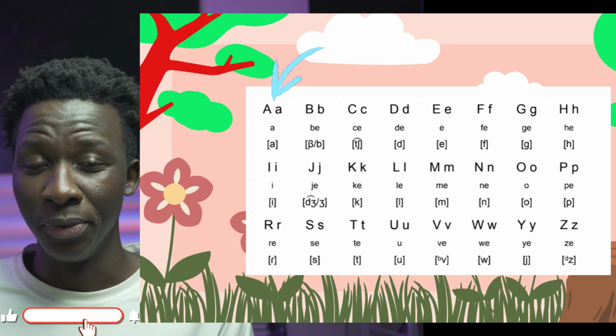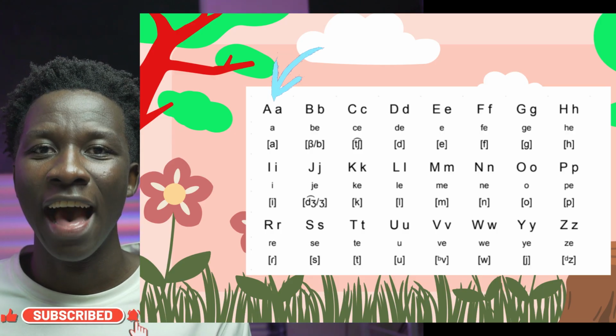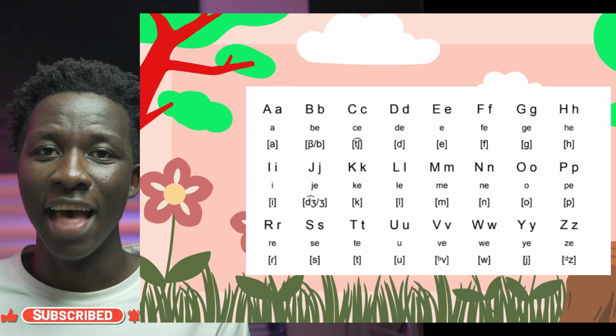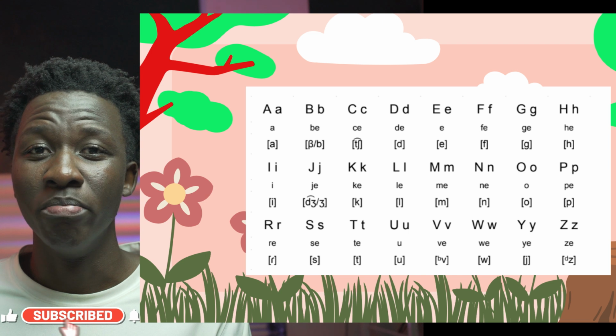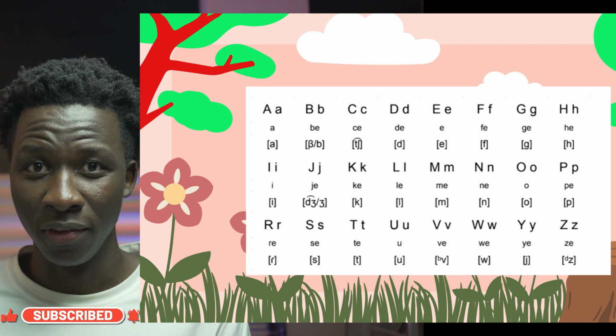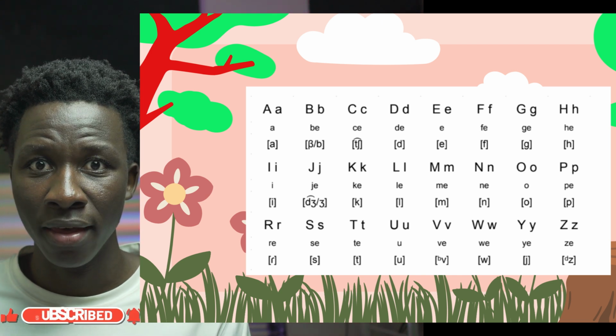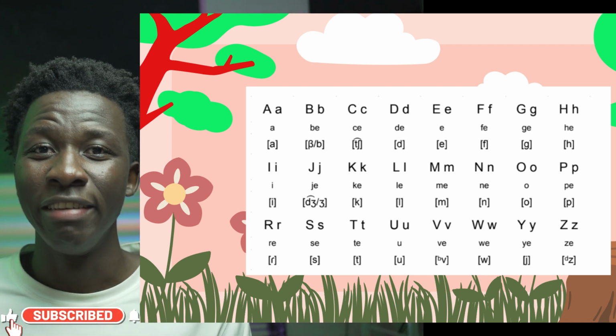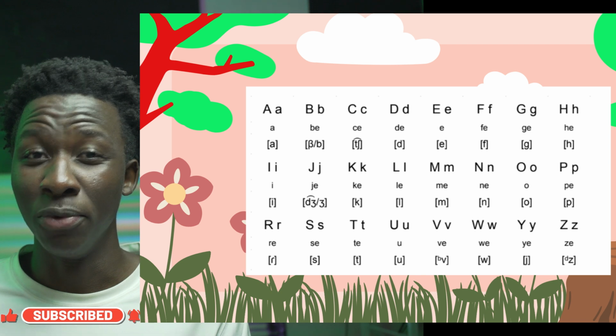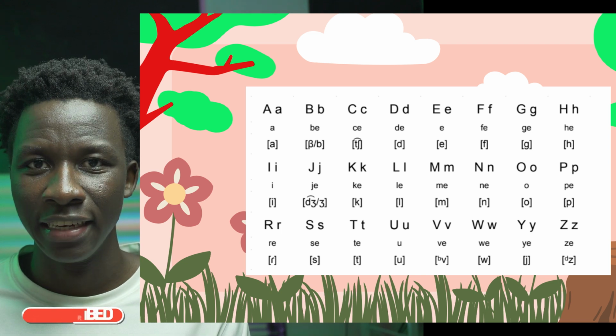So let's get started. As in English we say A, in Kirundi we say A. In English we say B, in Kirundi we say be. In English we say C, but in Kirundi we say che.